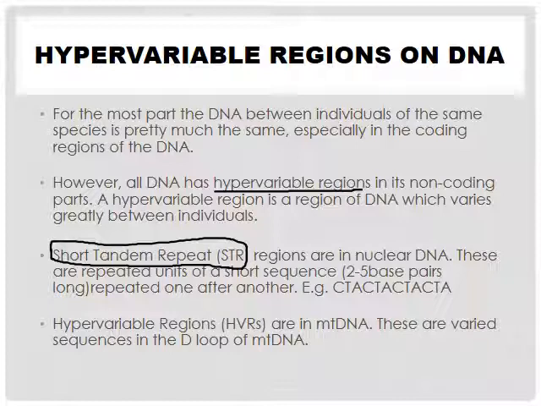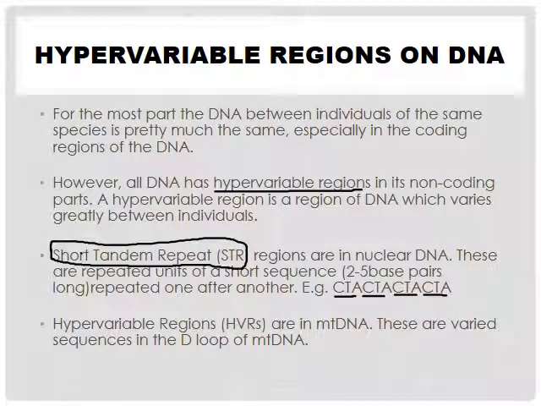A short tandem repeat is a repeated short sequence that forms a hypervariable region in someone's DNA. So if you look at this example here, we've got CTA, CTA, CTA, CTA. So it's a short tandem repeat.